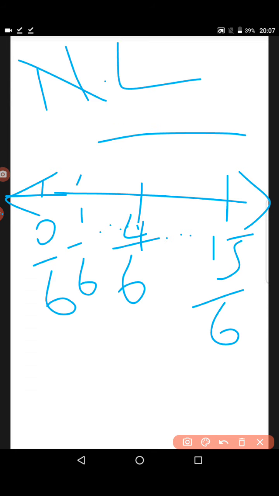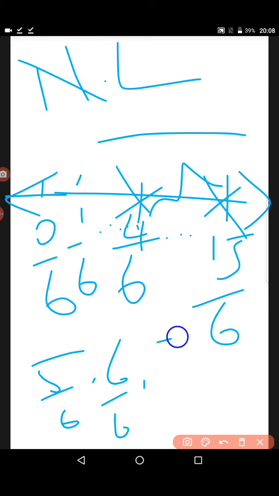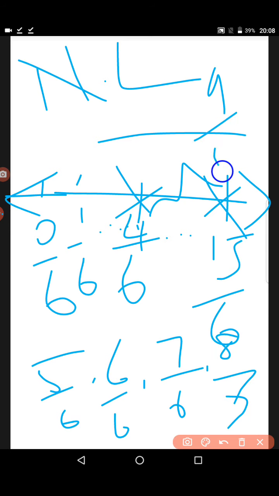So I put some dots here. Let's mark our numbers 4 by 6 and 15 by 6. Whatever numbers we have in between, we should write that. That is 5 by 6, 6 by 6, 7 by 6, 8 by 6, 9 by 6, 10 by 6. That's all. So these are the numbers we have in between. This is how you need to find them.